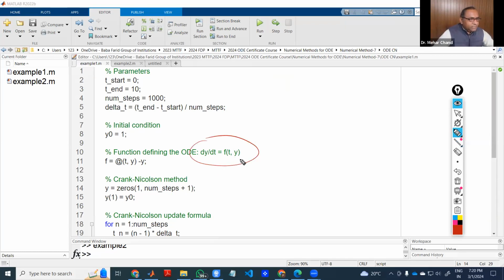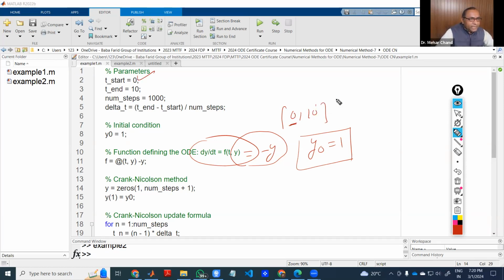dy upon dt is equal to f(t, y), and suppose that f(t, y) is equal to minus y. So this is the differential equation, along with the initial condition y naught is equal to 1. We want to compute in the interval 0 to 10. So this is the initial value, and this is the end value of the interval.